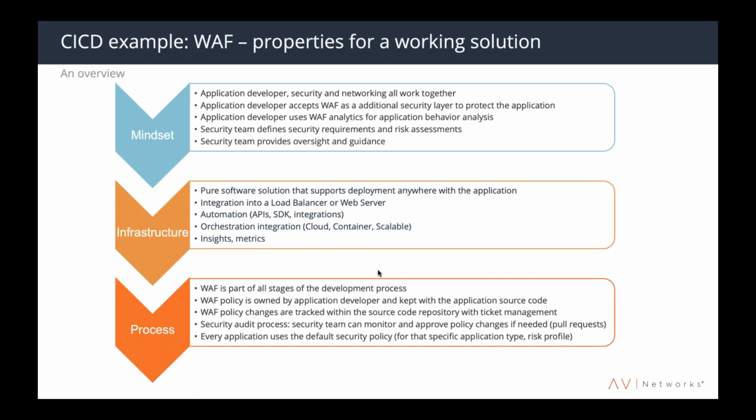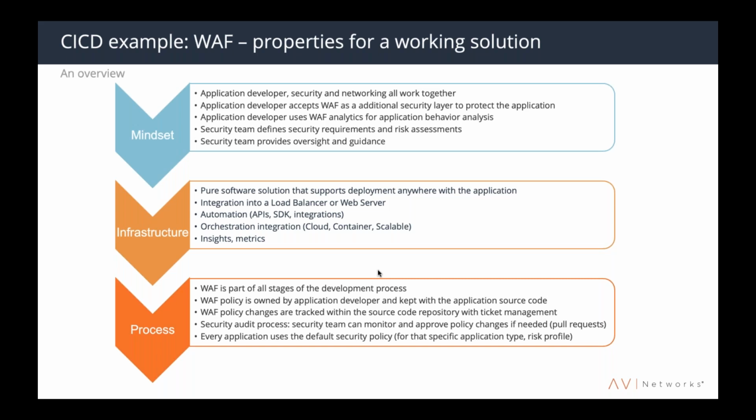Application firewalls have the power to block any application traffic that is deemed an attack. And therefore, to make it work, the application developer, the security team, and the networking team, if they are not in one DevOps team anyway, need to work closely together to allow an application firewall to be integrated.